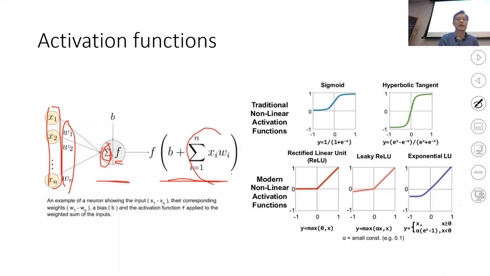This is the dot product, and the result of the dot product is given to the activation function. The activation function can be this logistic, or other simple ones.